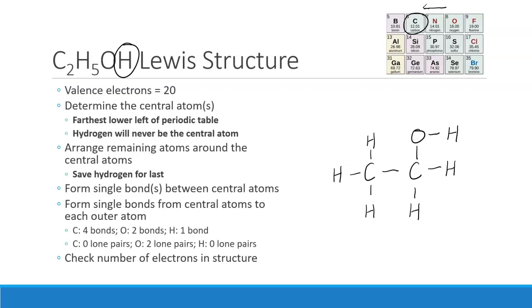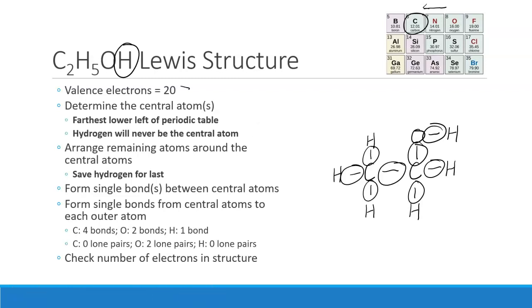Okay, so after we formed our single bonds to all our central atoms, and we saved hydrogen for last and attached it to the oxygen, now we want to count up the total number of valence electrons and see if we have any left. Okay, we used up 2, 4, 6, 8, 10, 12, 14, 16.